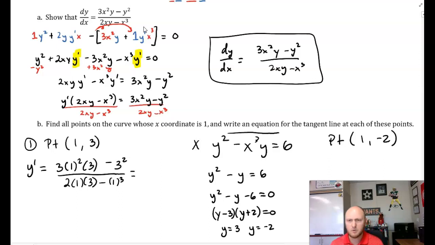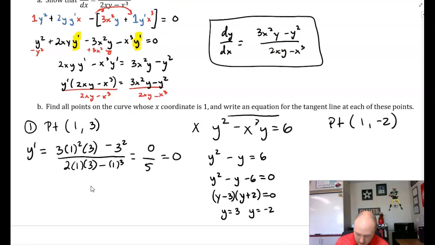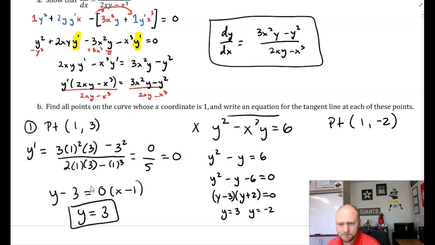In our numerator we have 9 minus 9, 0, divided by 2 times 3, that's 6, minus 1 is 5, 0 over 5. So our y prime here is 0. That's a horizontal tangent line. So the equation is y minus 3 equals 0 times x minus 1, and that just ends up being y is equal to 3. So there is one of our equations.